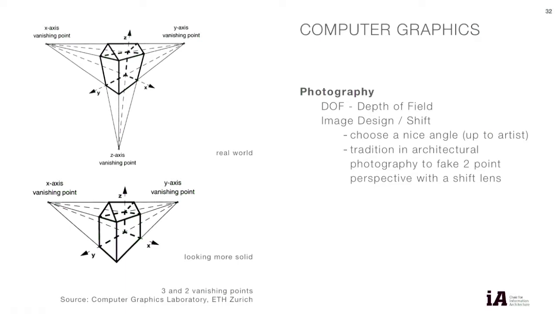And when we draw them, mostly we just have two vanishing points, and all the vertical lines are really vertical. So I assume that's because it's looking more solid. It's just an old habit, probably, but it's still being used like this, and still shift lenses are used, and photographs are taken like this.